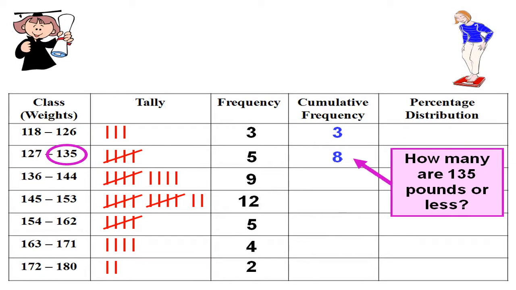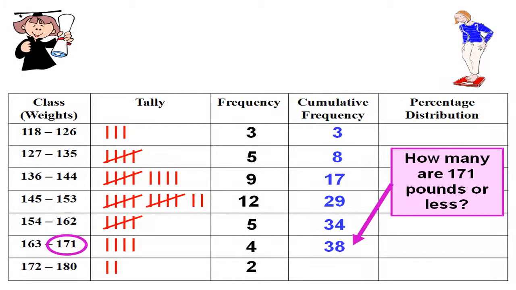We get 8. We take 8 plus 9 and we get 17. We take 17 plus 12 and we get 29. We take 29 plus 5 and we get 34, right? We take 34 plus 4 and we get 38. We take 38 plus 2 and we get 40.